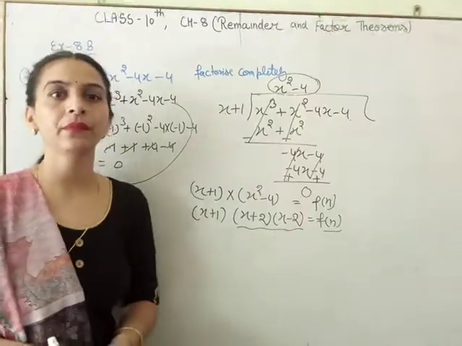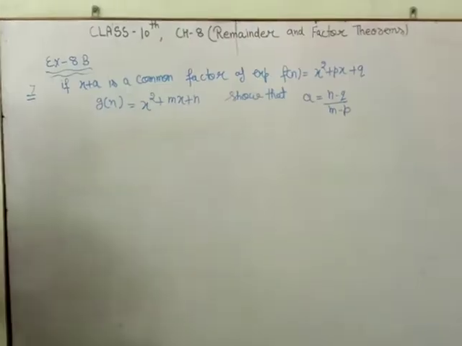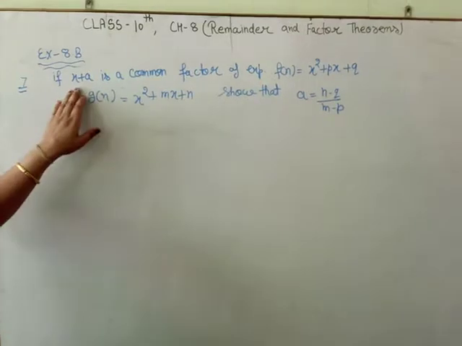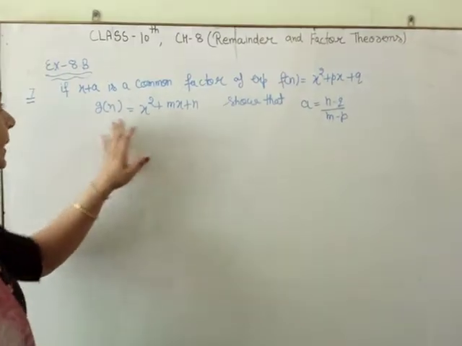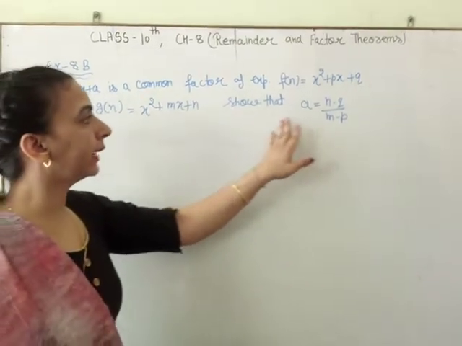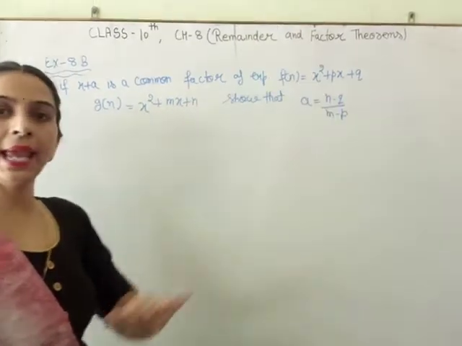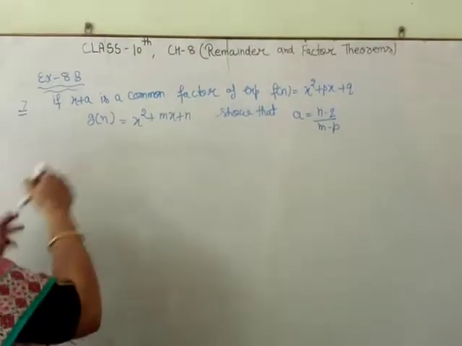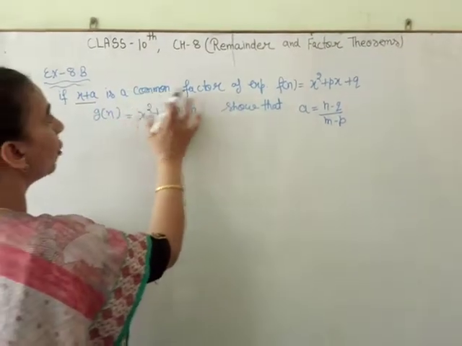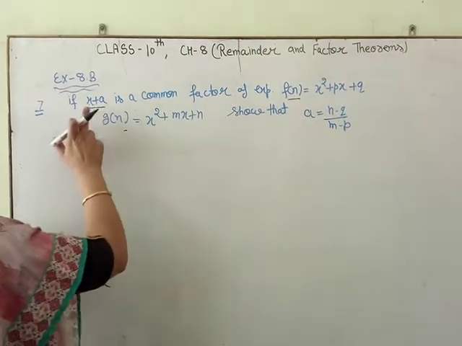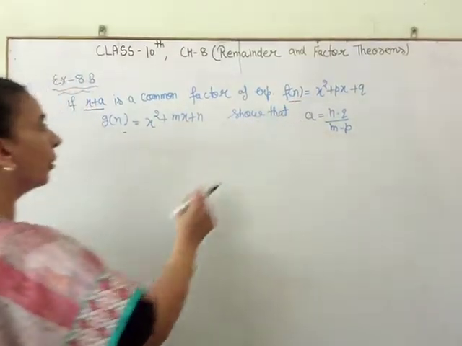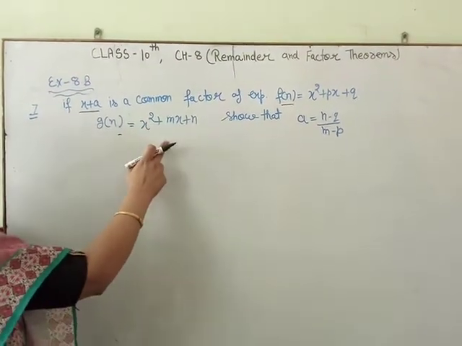Okay. Question number 7 of exercise 8b. If x plus a is a common factor of expressions f of x and g of x, then show that a equals n minus q by m minus p. Student, x plus a is a common factor of this expression and this expression. That means x plus a is a factor of this, and also x plus a is a factor of this.